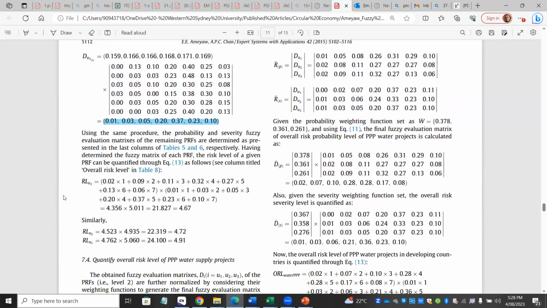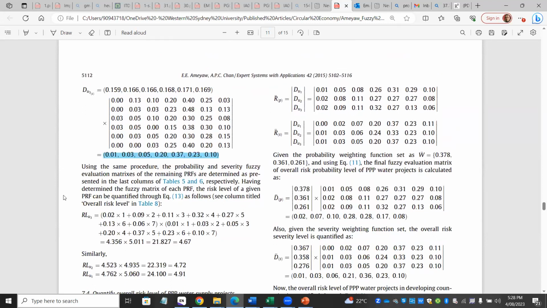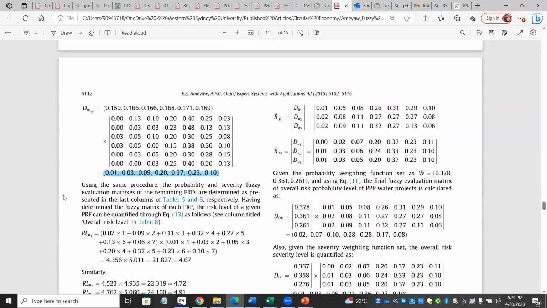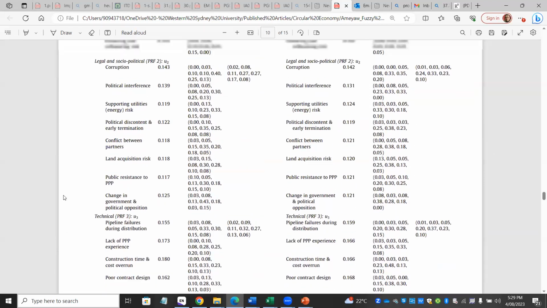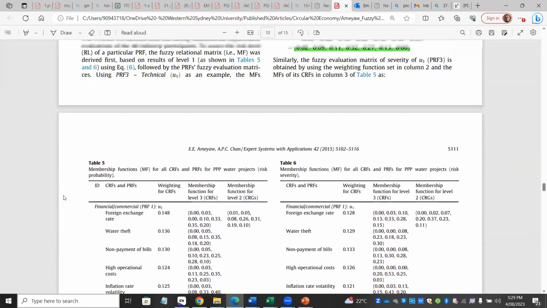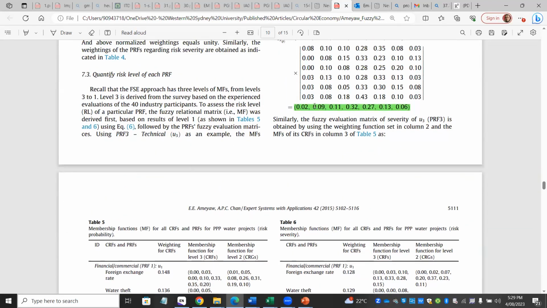Okay, so what do we do? So the next thing to do is that we have to multiply the alternative grade or grade alternative, which is 1 to 7, by these results that we have obtained from the fuzzy matrix computation. Okay, so we'll first take the probability.